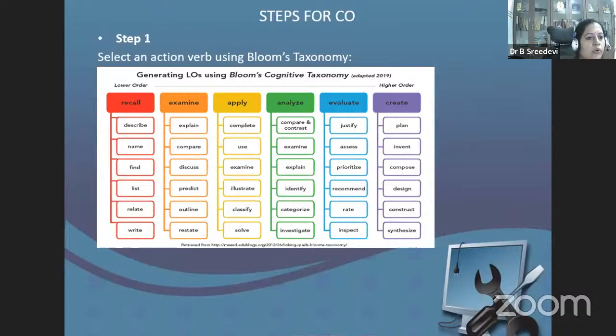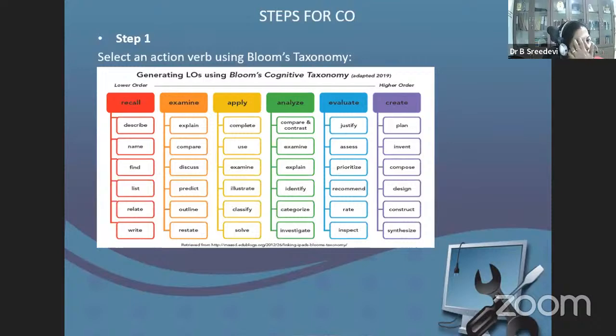He framed this taxonomy with 6 levels. The first level is recall, the second is understand, the third is apply, the fourth is analyze, the fifth is evaluate, and the sixth is create. We call it BTL 1 to BTL 6, Bloom's Taxonomy Level. BTL 1 is recall, and BTL 6 is create.